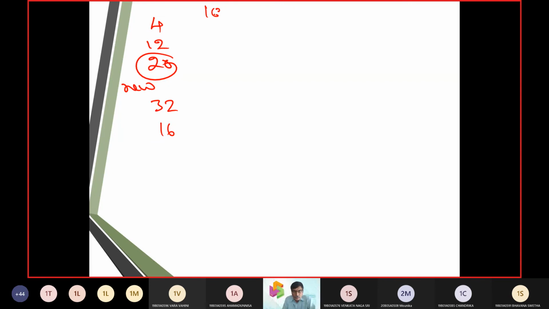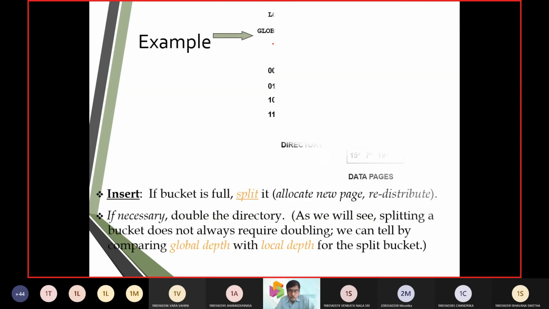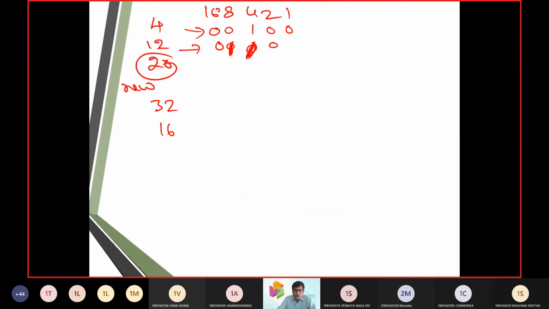Now I can write 16, 8, 4, 2, 1. 4 I can write 0, 0, 1, 0, 0. 12 I can write 0, 1, 1, 0, 0. 20 I can write 16 plus 4 is 20.